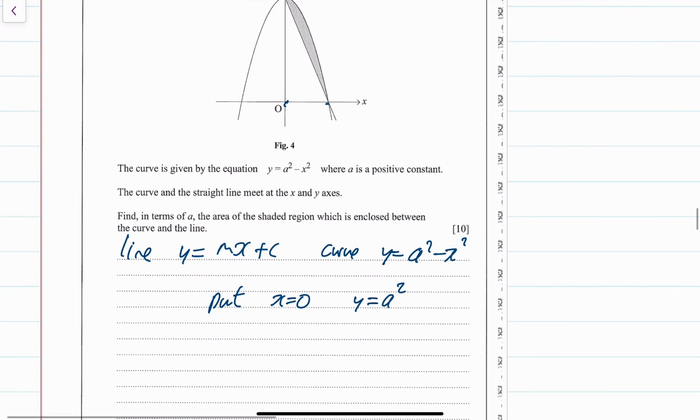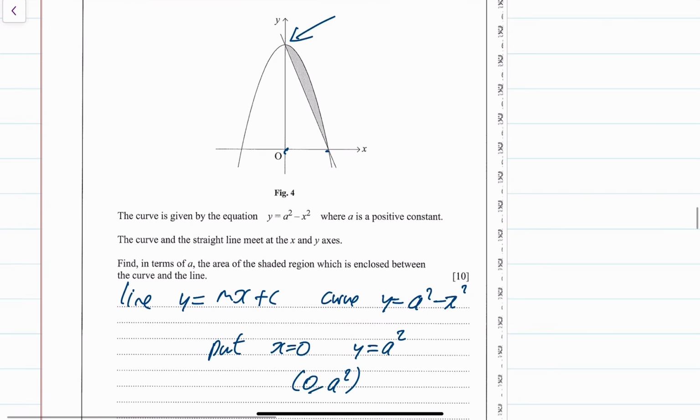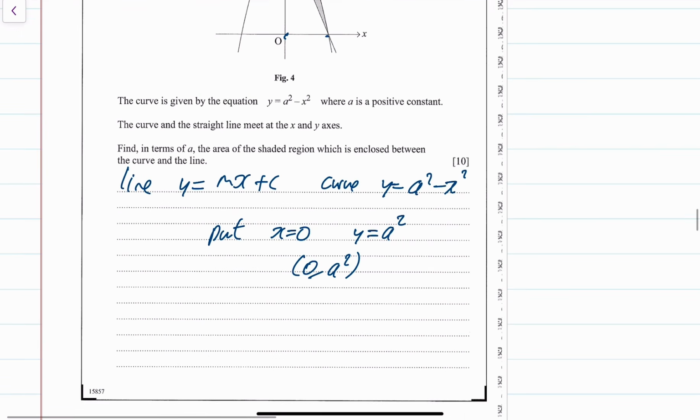So that gives you the point 0, a squared. So first of all, I've got this point up here is 0, a squared. And also then we want to put on the curve y equals 0. And you're going to have 0 equal to a squared minus x squared. That's the difference of two squares.